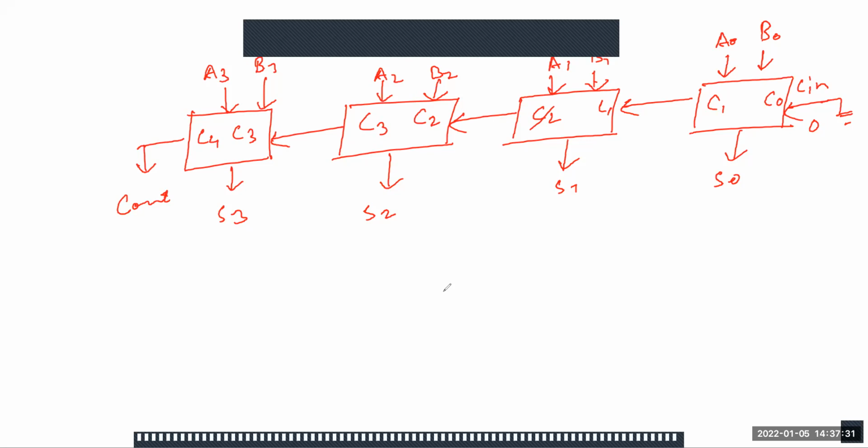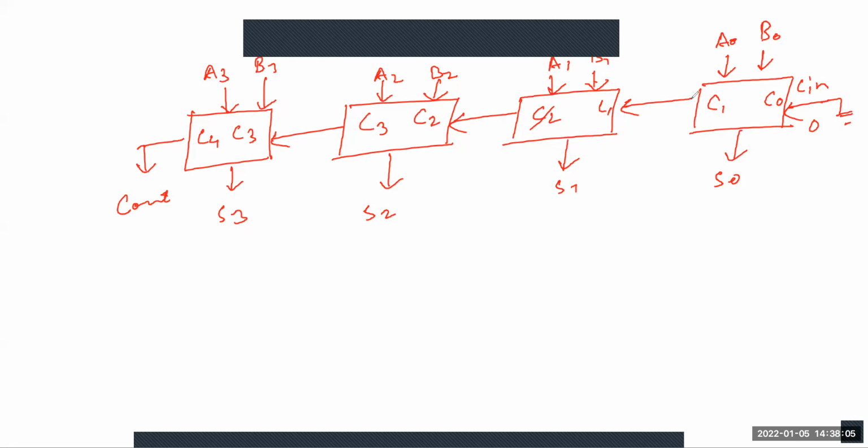Now here in the least significant stage, A0, B0 and C0, which is 0 here, are added, resulting in the sum S0 and the carry C1. Now this carry C1 becomes the carry input into the second stage.